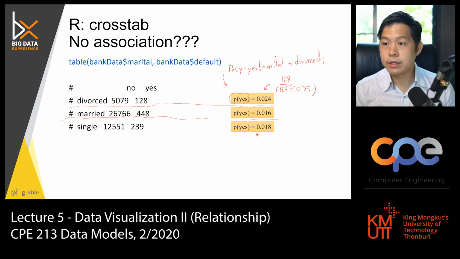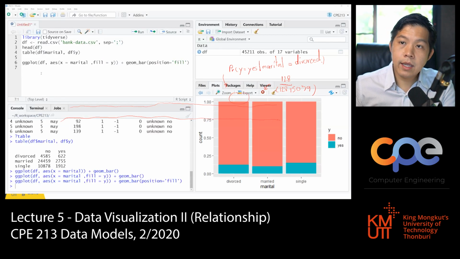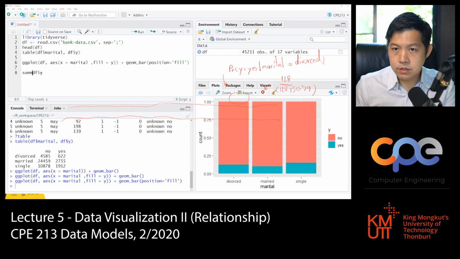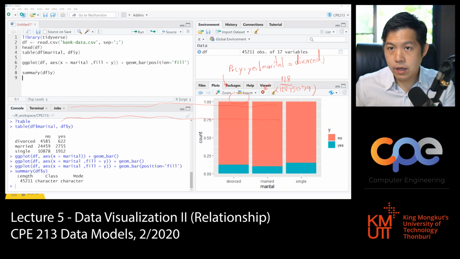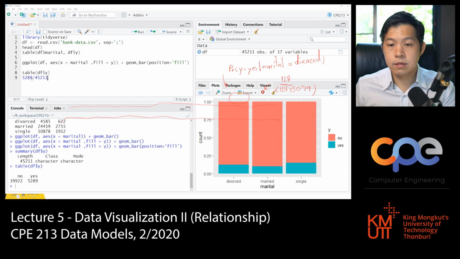Then we can compare this to the actual proportion, but I don't know it yet. Right, let's look at the proportion first. If we take, say, df$y summary, yeah, table, then it's 5,289 divided by the total number of rows, which is 45,211.